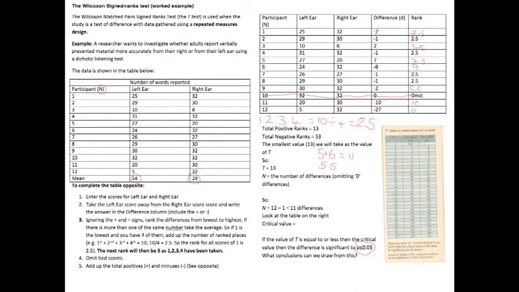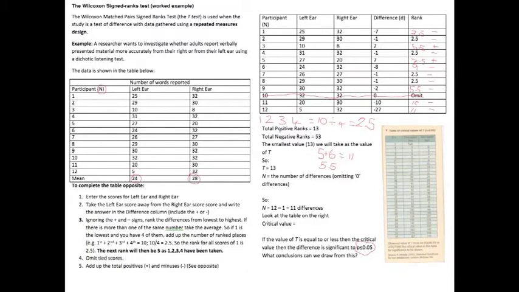Now remember that we forgot about these positives and negatives here. Now we need to put them back again. So that is a minus, that is a minus, that is a plus, that is a minus, that is a plus, that's a minus, that's a minus, that's a minus, that's a minus. We've taken that one out of our scores, so we'll ignore that. That's a minus and that's a minus.